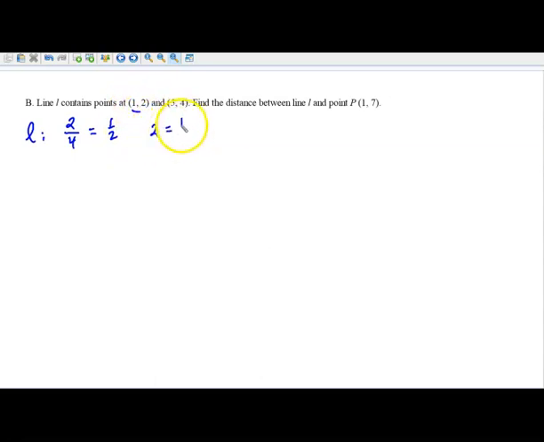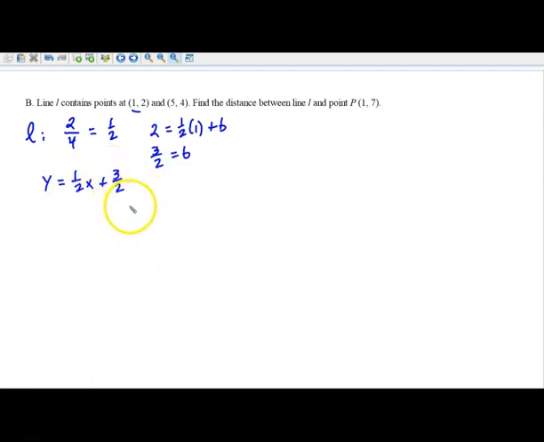Y equals mx plus b, and we'll solve for b. And we're going to be subtracting 1/2 from both sides, so you can think of this as 4/2 minus 1/2. So b is 3/2. And so our equation for line L is going to be y equals 1/2 x plus 3/2.